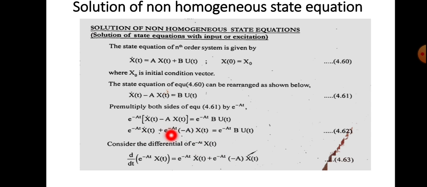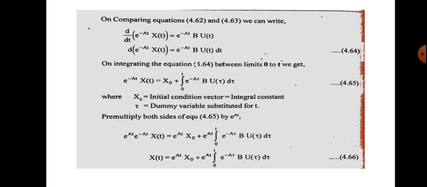So instead of this equation, you can substitute d by dt of e raised to minus at into x of t. The right side is the same. So you can write d by dt of e raised to minus at into x of t equal to e raised to minus at into b into u of t. So now your equation changed like this. Here you can take this dt to the right side and integrate this equation. So on the left side it becomes e raised to minus at into x of t.